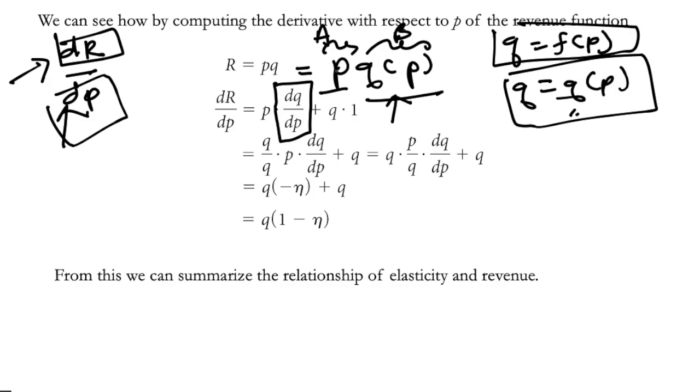And then we differentiate P, we hold Q constant. So you see Q here, when you differentiate P, it becomes 1, isn't it? So Q times 1. Alright?